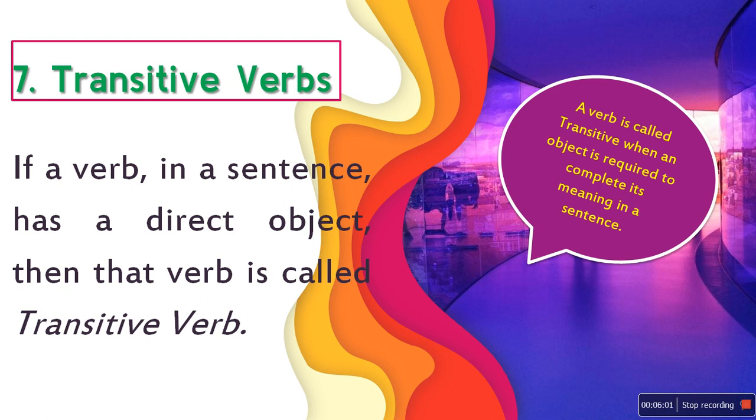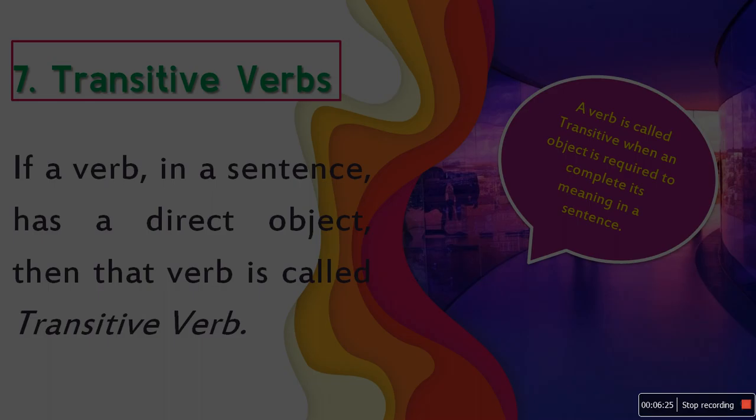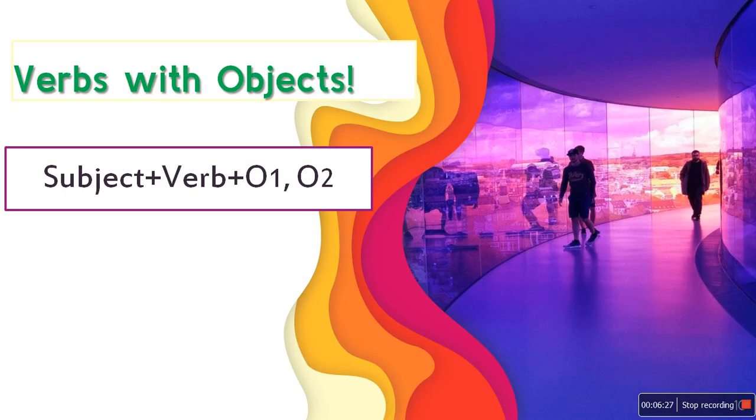Transitive verbs. If a verb has a direct object in a sentence, that verb is called transitive verb. A verb is called transitive verb when an object is required to complete its meaning in a sentence. Before going to this topic, we should know the subject verb object.